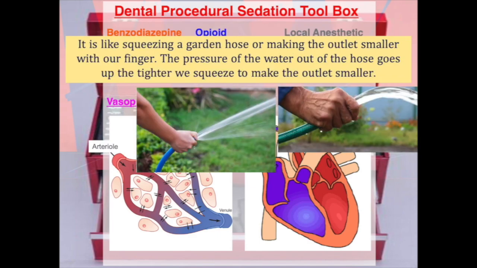And if you look at the hose, like we talked about earlier, if it's flowing like normal, then you see the flow there on the right. But if you squeeze it and tighten the noose, if you will, on that hose, it's going to be under a lot more pressure. It's going to squirt way out into the yard or wherever.